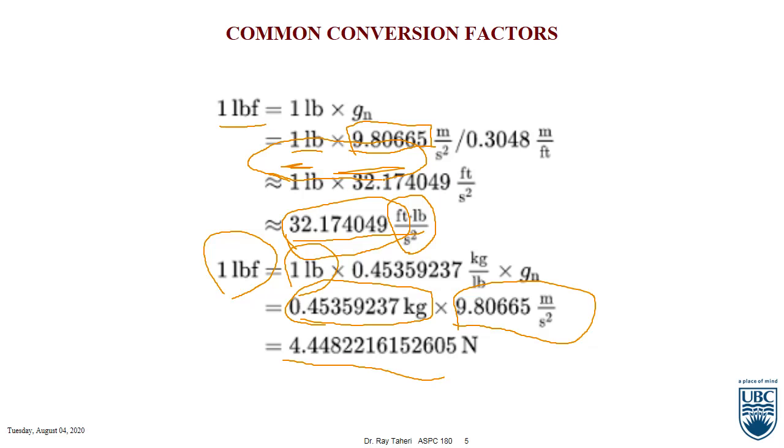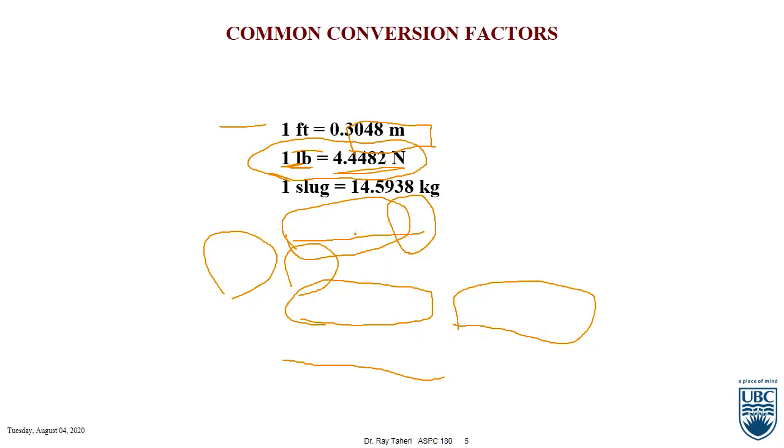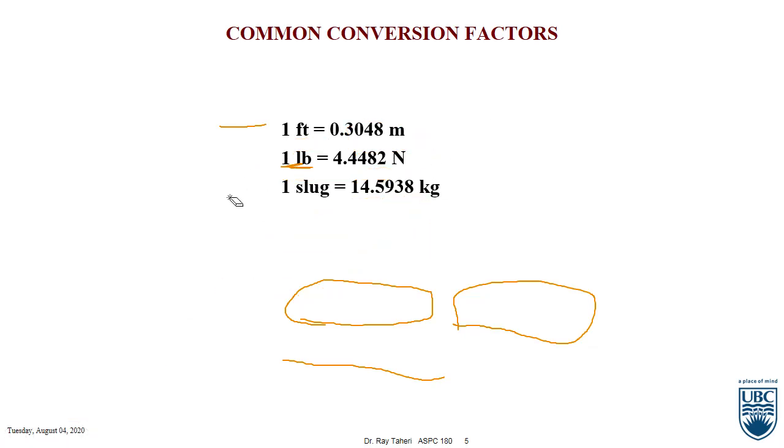So whenever you want to see what G is, 9.8 in SI, in the foot-pound system it is 32.17. So let me just delete these ones. Okay.